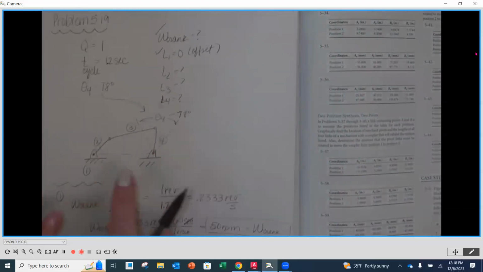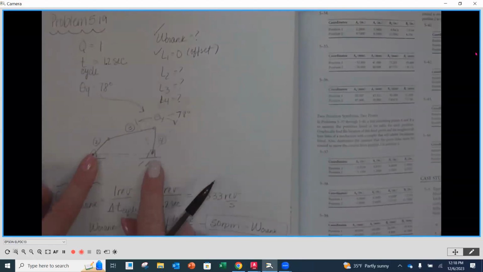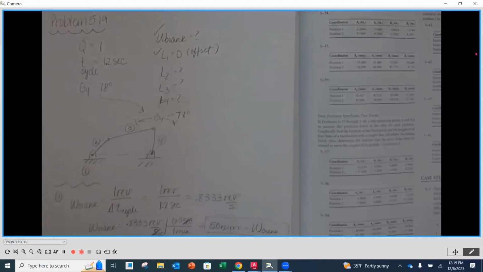We already determined what our L1 is, because there is not an offset between the center of this and the center of that. They're not offset. They're in line with one another. So L1 is going to be equal to 0. Now what we need to do is determine the lengths of our links.